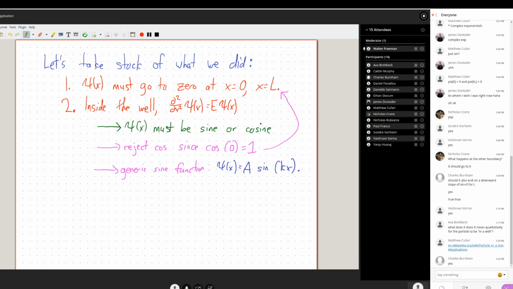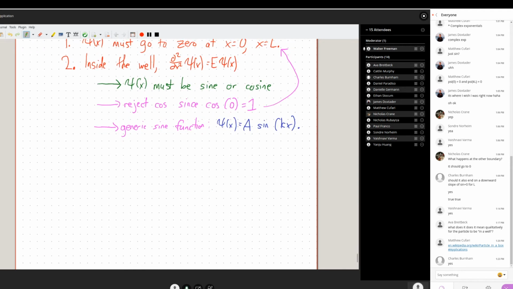Then we realized that there are certain constraints on what k must be. Then we have the second derivative of a sine kx equals a sine kx.